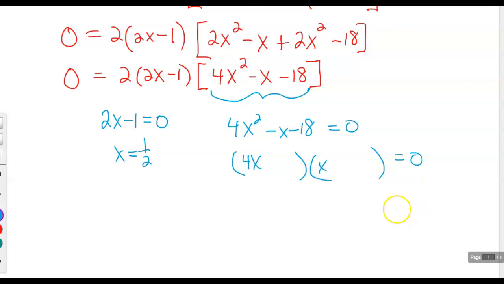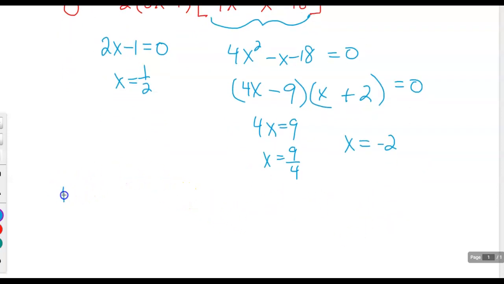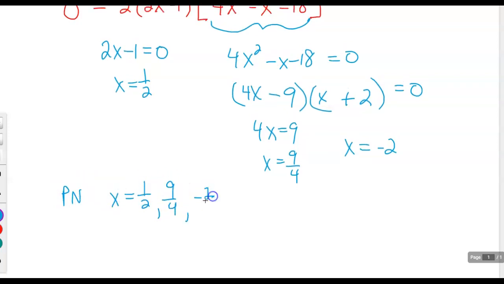It's 4x and x that work, and then, let's see, I think it's minus 9 and plus 2. So that's negative 18. Yeah, that works. So we get 4x equals 9, or x equals 9/4. And this one gives us x equals negative 2. So our partition numbers are x equals 1/2, 9/4, and negative 2.